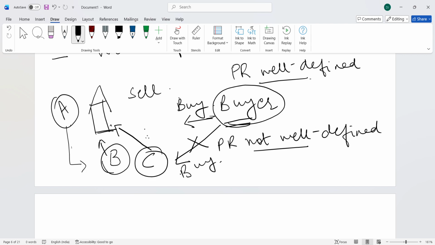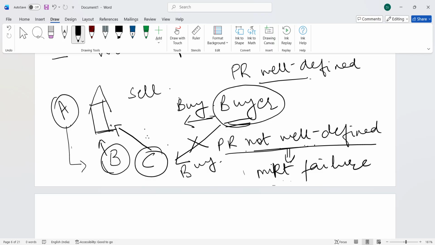All right. Now, this entire setup, where the property rights were not well defined, actually leads to what we call market failure, because the transaction could not take place because the property rights were not well defined. So it leads to market failure.